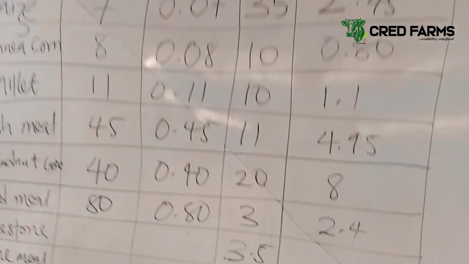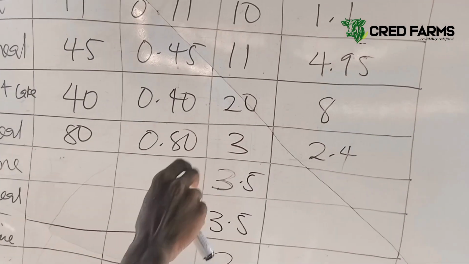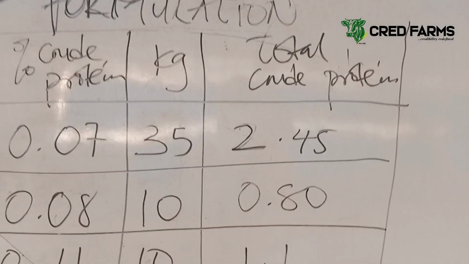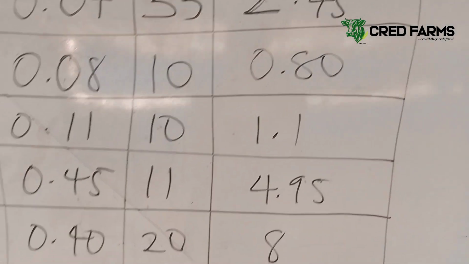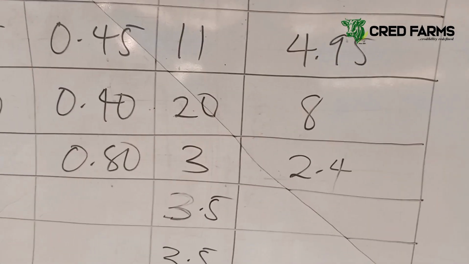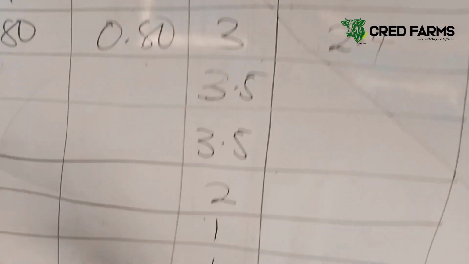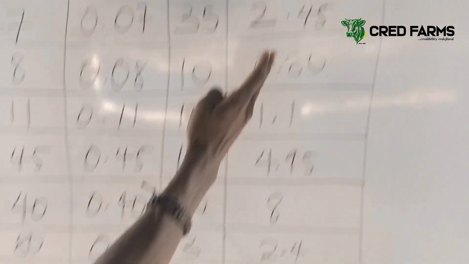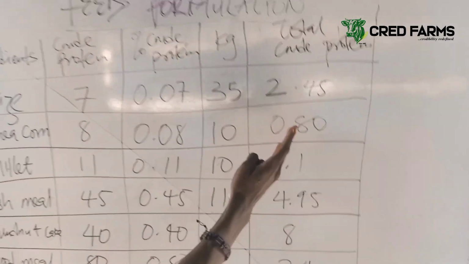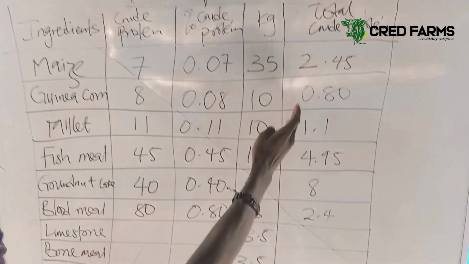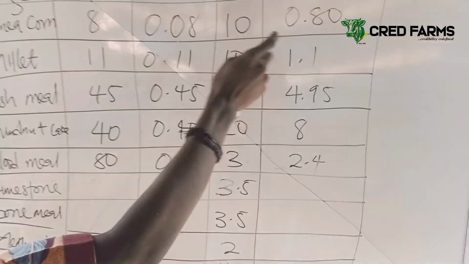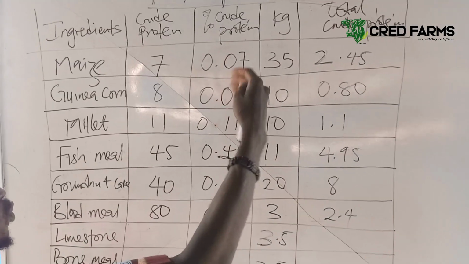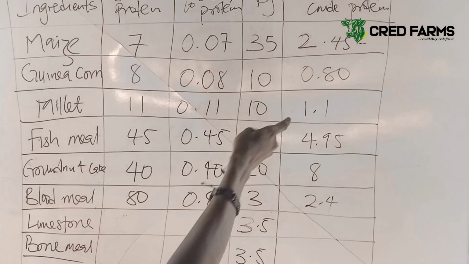And whatever you do here affects the crude protein. It means that even if you've gotten 100 kg, when you multiply with the crude protein, and it doesn't end up giving you 19.7 or 20 point whatever you're looking for, it means you will still come back here and do another trial again, change the figures.